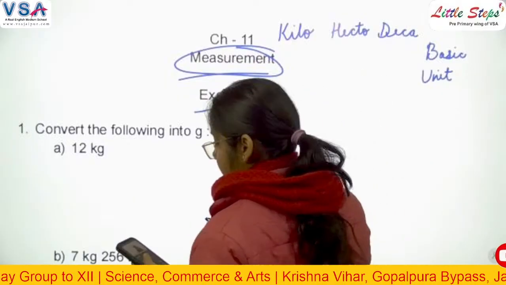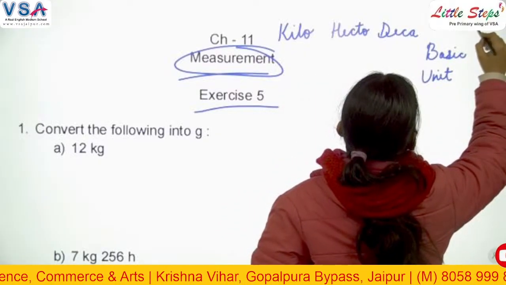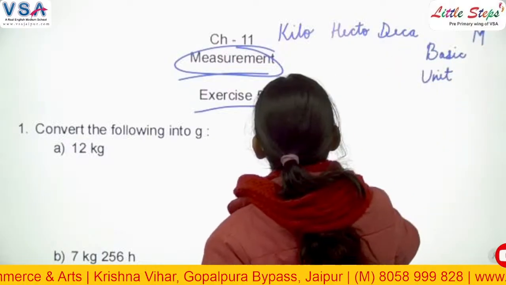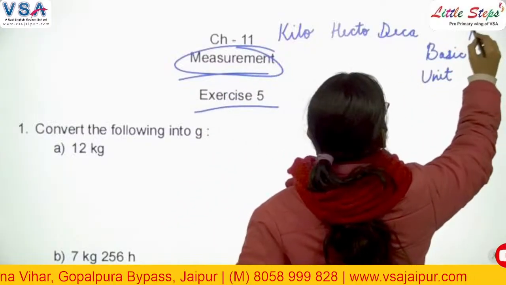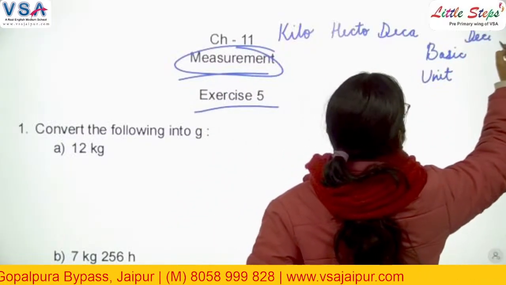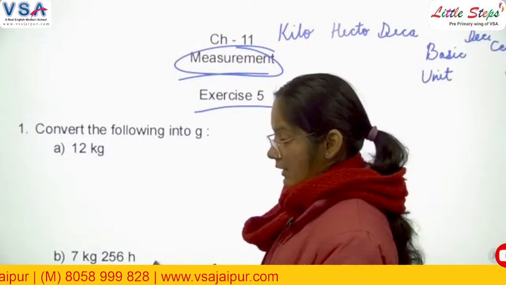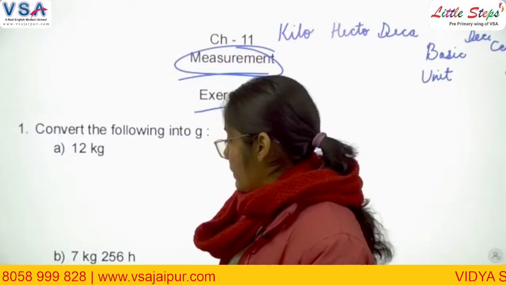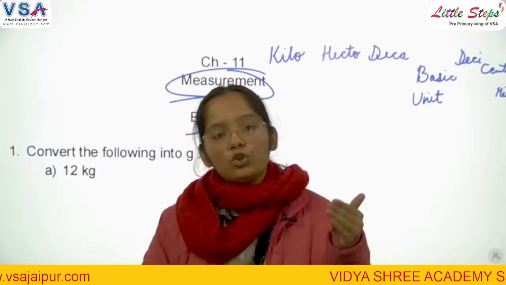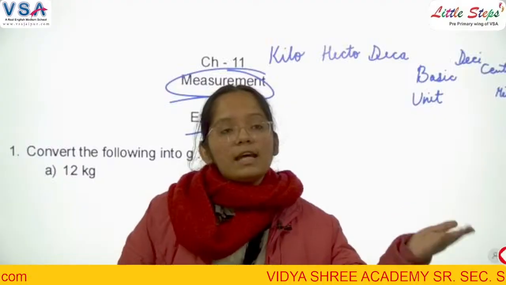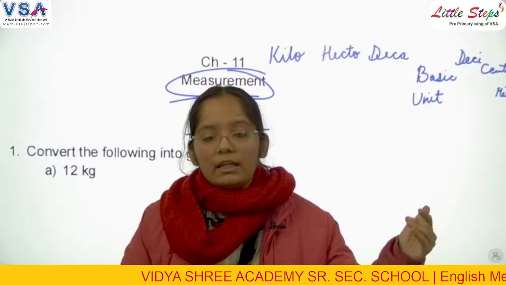After that we have deci, centi, and milli, right? So for the measurement table, or we can say metric system, we have kilo, hecto, deca, basic unit. After that, deci, then centi, and then milli.